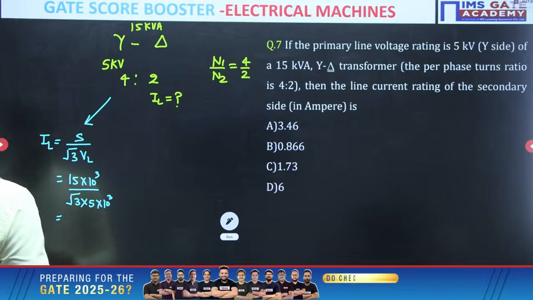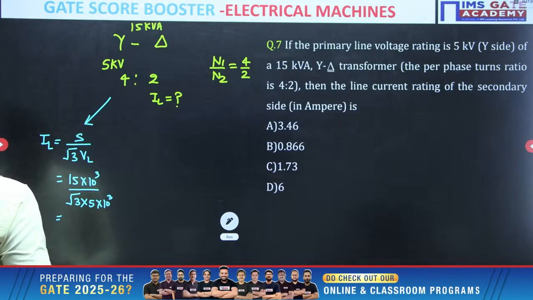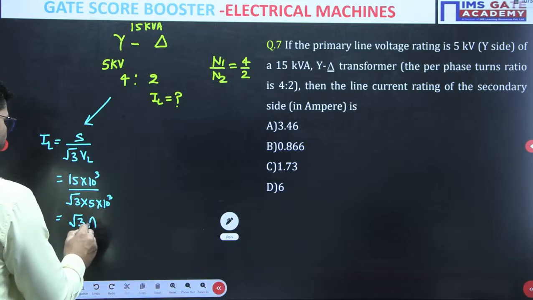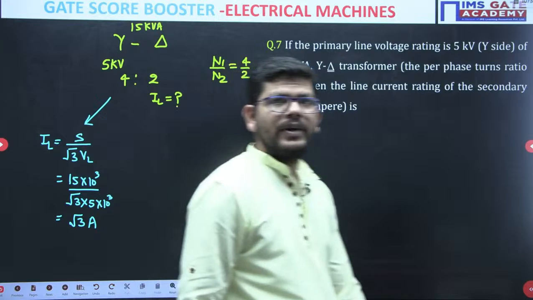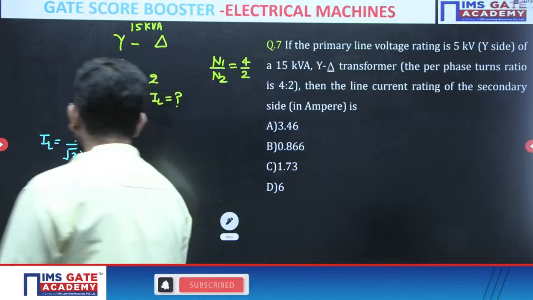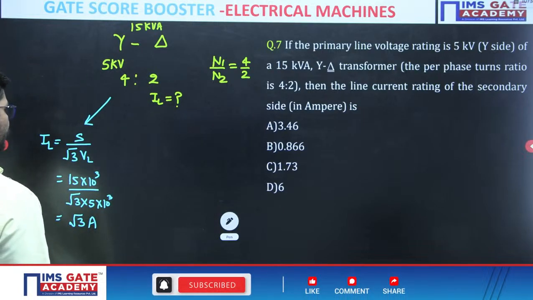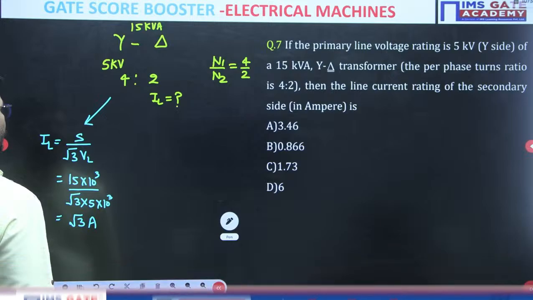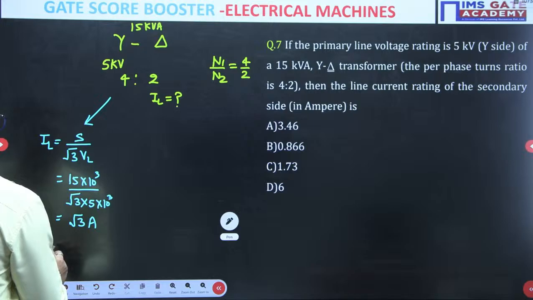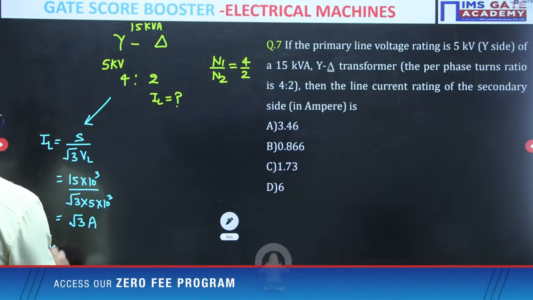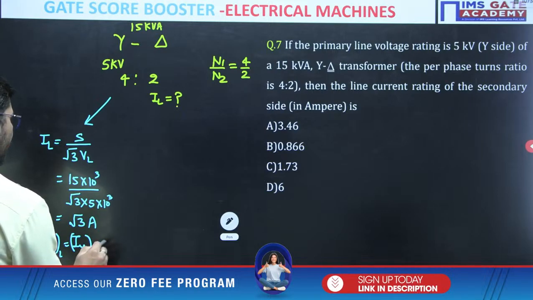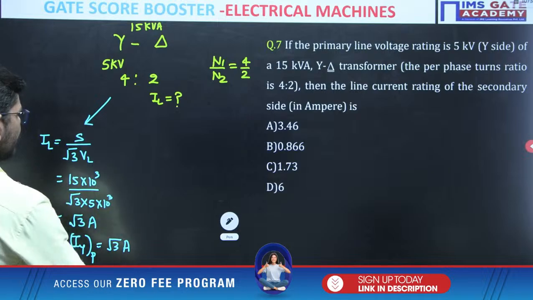So how much are we going to get? The line current from here will be √3 ampere. Are you getting √3 amperes when you calculate the primary current? And this is the star side, so on the star side, whatever is the line current, the same will be the phase current, and both are going to be what you have calculated.